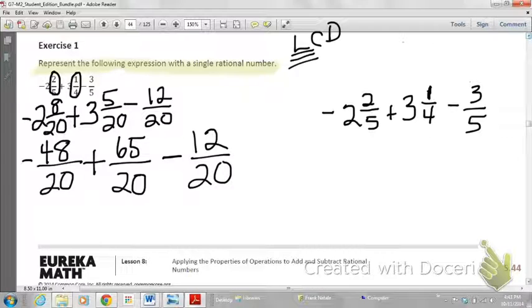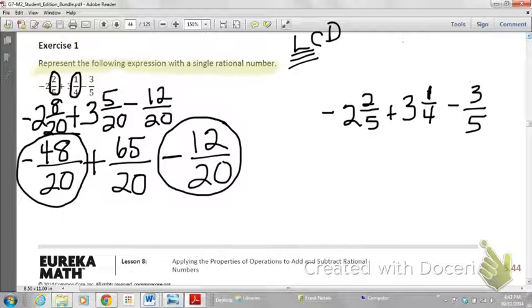And now we could do a number of things. We could actually do this first part right here, the negative 48/20ths plus the 65/20ths. We can even combine the two negatives. If we combine the two negative parts here, 12/20ths and 48/20ths, we would end up with negative 60/20ths.